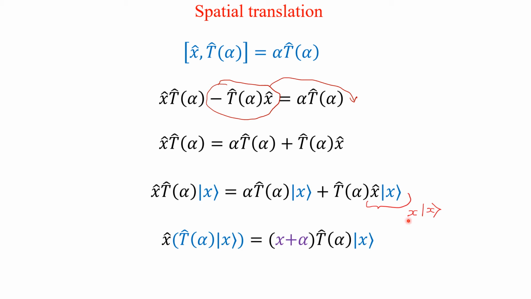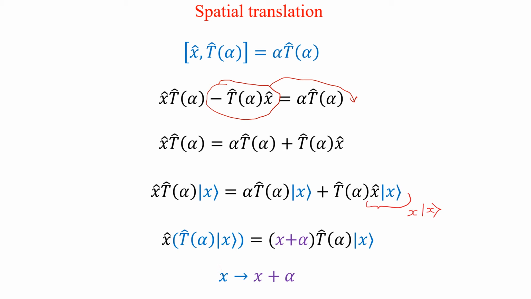However, here the eigenvalue is x, and here the eigenvalue is x plus α. So the translation operator moves x to x plus α, where α is a number. So there is a shift.